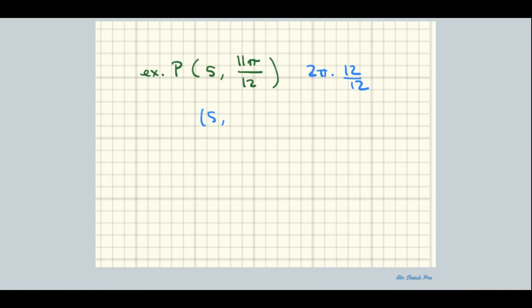What's 11 plus 24? Guys, what's 11 plus 24? I don't trust my arithmetic today. Oh, good, because I was going to say 25. Thank God. 11 plus 24 is 35. 35 pi over 12. There we go.